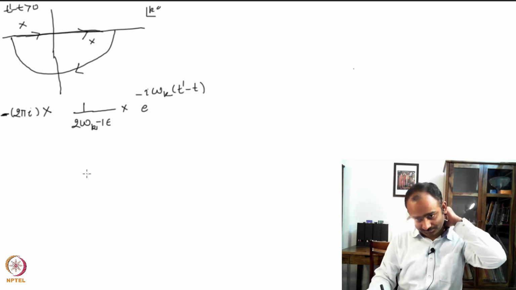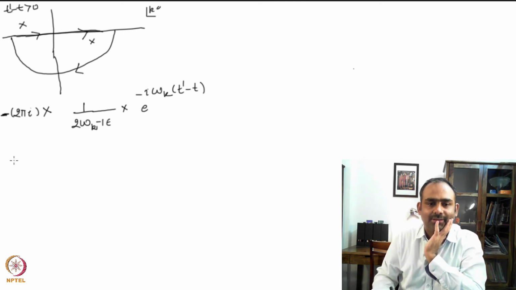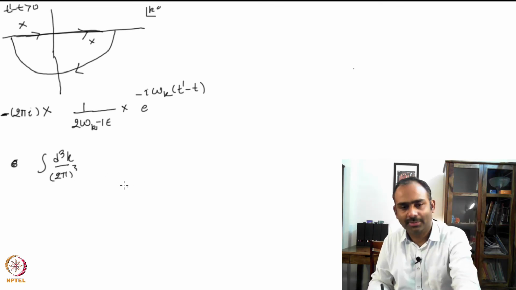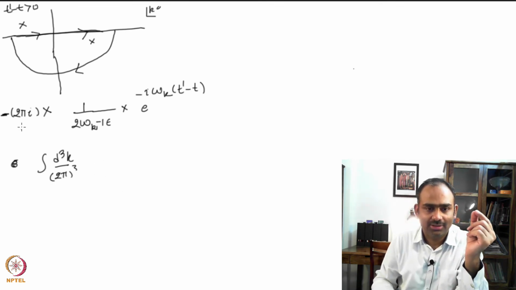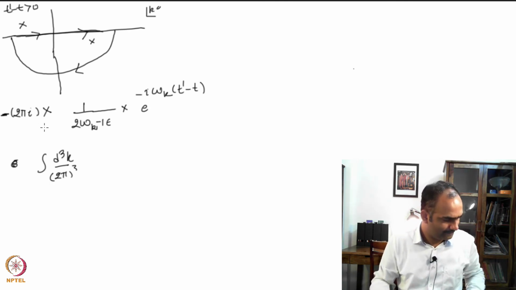So, what do I have then? If I write the full integral, I had d cube k over 2 pi cube. Remember that? And then you have, let me see if I am making any sign mistakes.